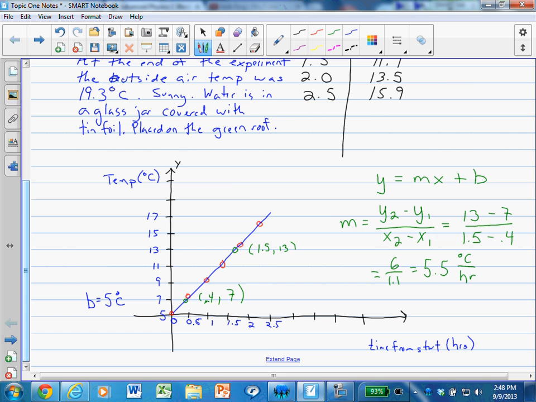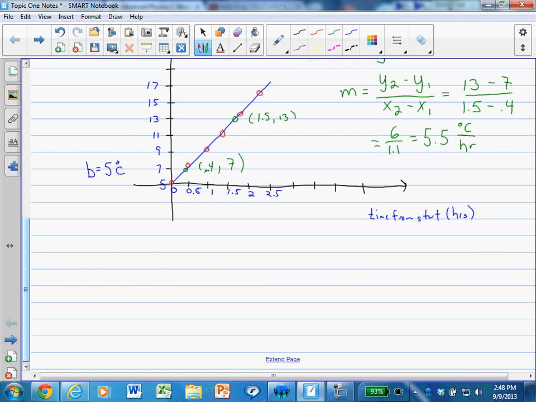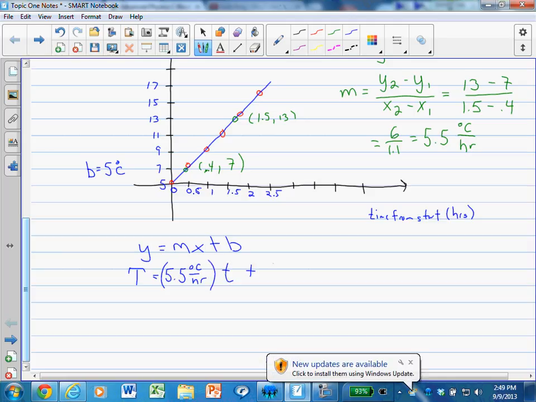So putting this all together, we have y equals mx plus b, okay? Y is our temperature, right? M is 5.5 degrees Celsius per hour. X is time, we'll call that little t, plus b, which is 5 degrees Celsius.